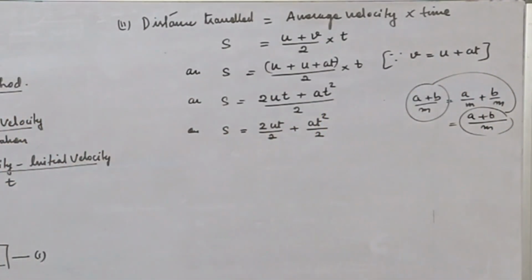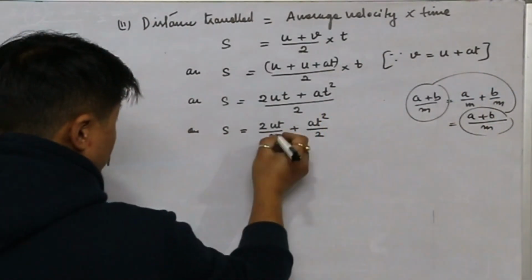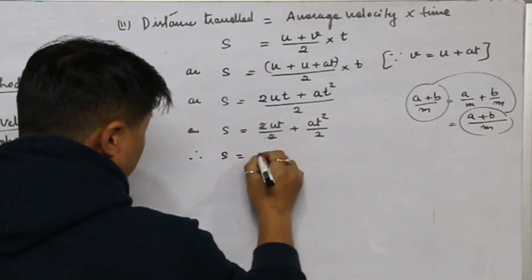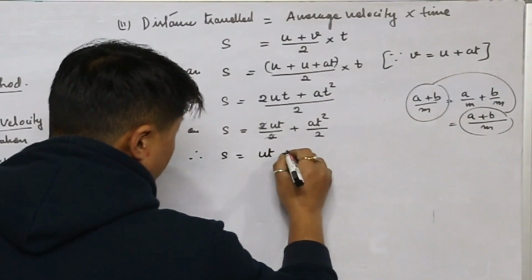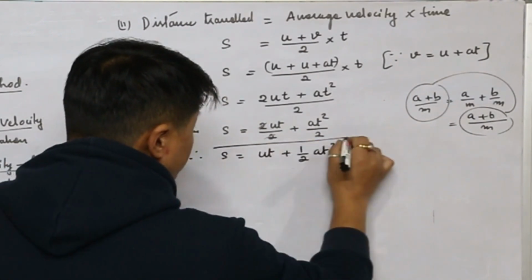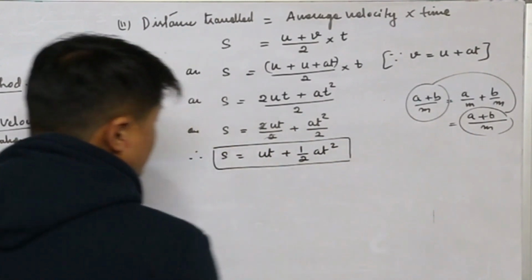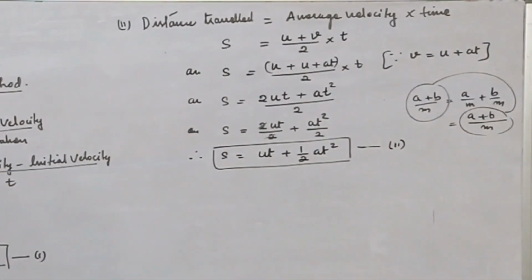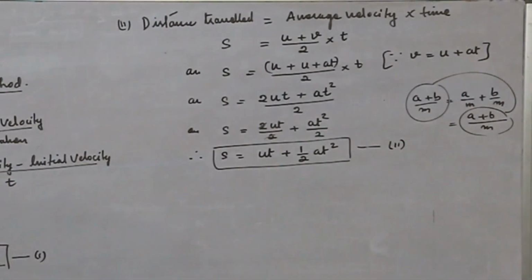Can you see this? Okay. So here 2 and 2 get cancelled. Therefore, s is equal to ut plus half at square. So this is here 2. We even got the equation 2 also. Clear?